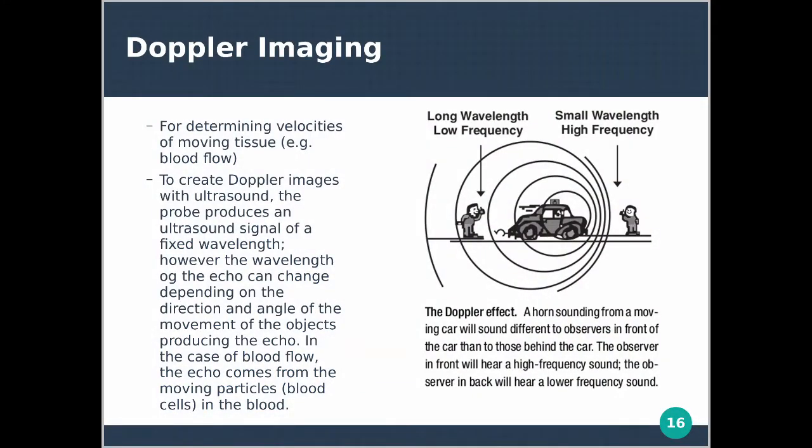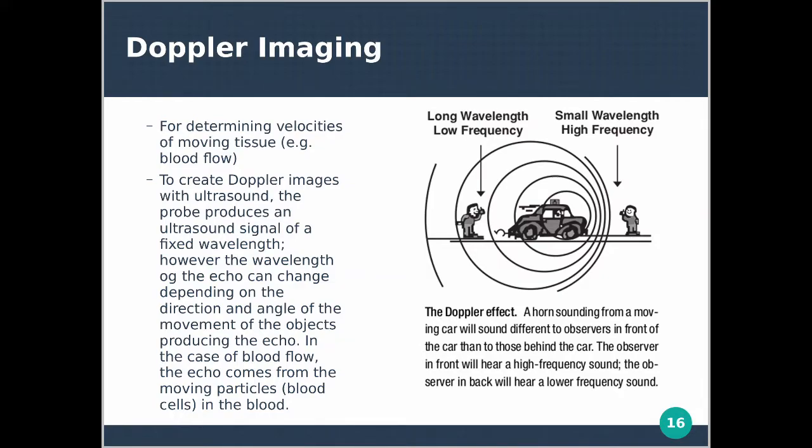Now, we also have Doppler imaging. This is a technique in ultrasound imaging utilizing the Doppler effect. So what is the Doppler effect? If you have noticed, when you hear the horn of an ambulance or a police car moving towards you, the sound becomes higher and higher in pitch.